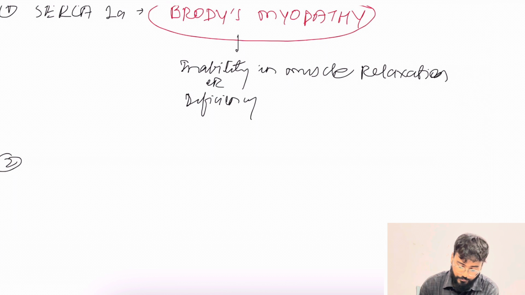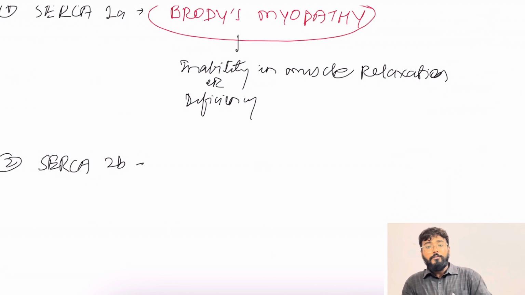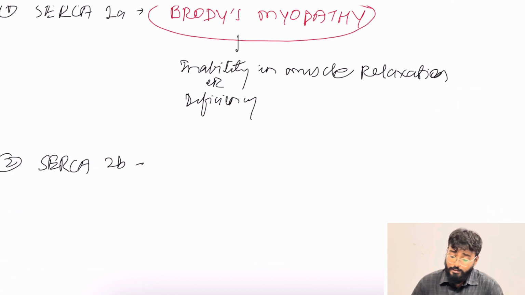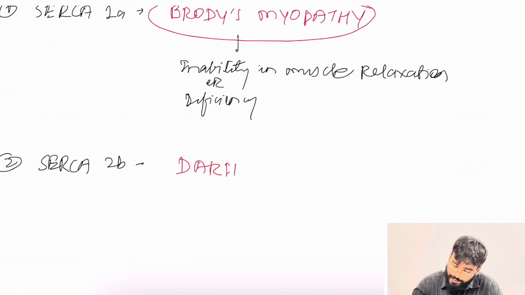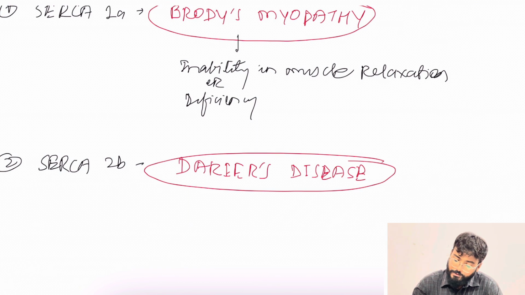Further, if we have defect in SERCA 2B, when there is defective or mutated SERCA 2B, the patient is going to have Darier's disease.